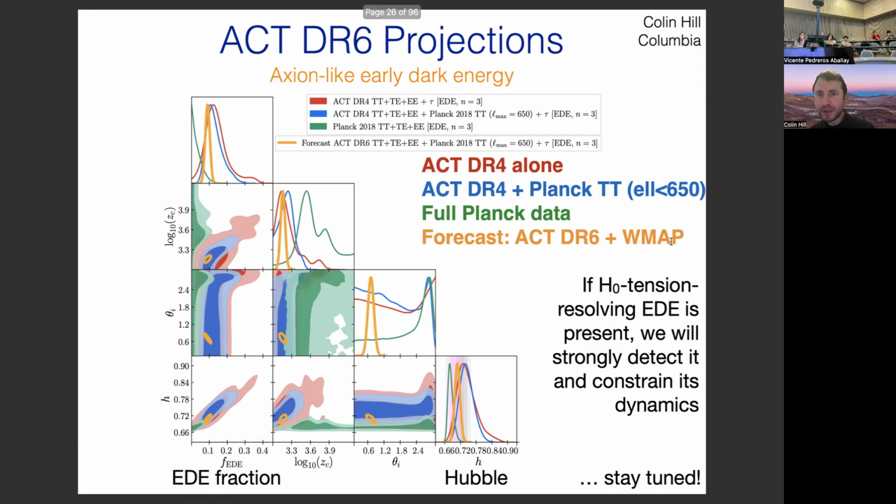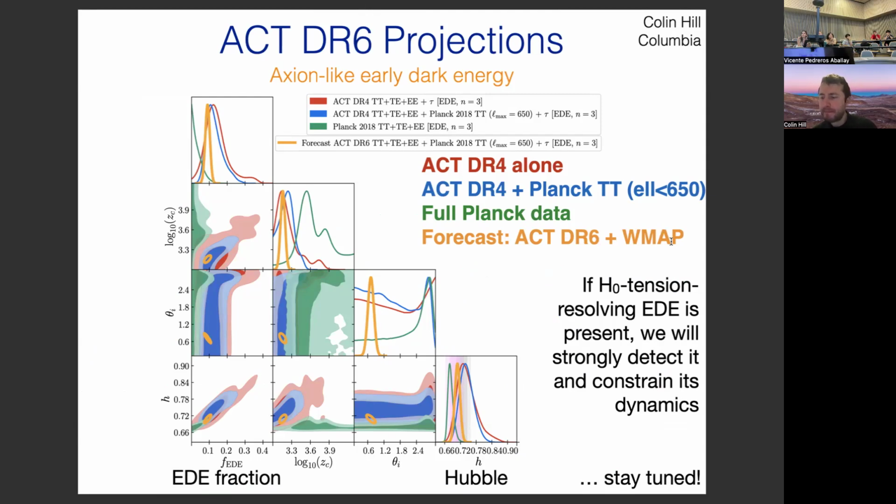Good. So are there any questions about this first part of the talk before I proceed to talk about secondary CMB? I have a question. Yeah, please. So I see that when you combine the result of ACT DR4 with Planck, you only take Planck until 650.